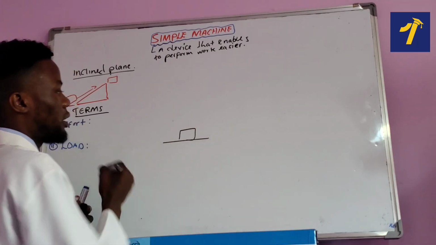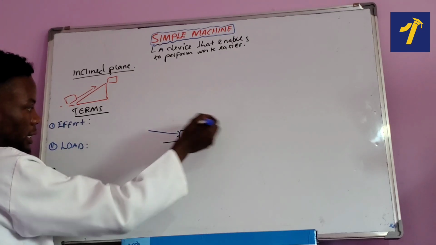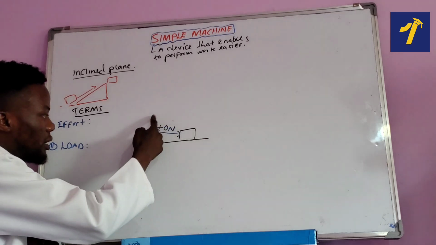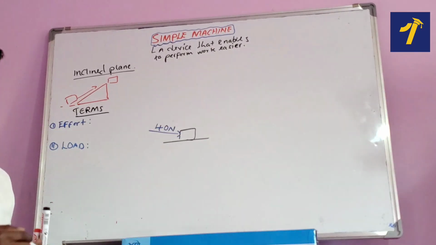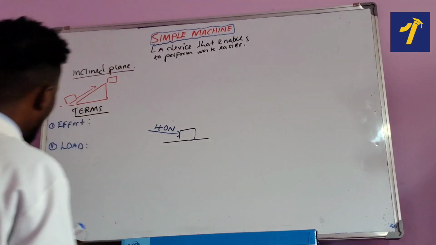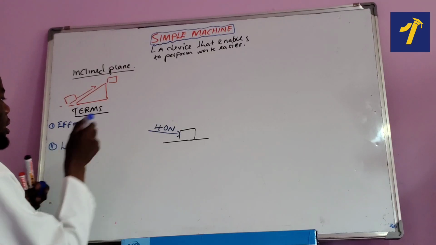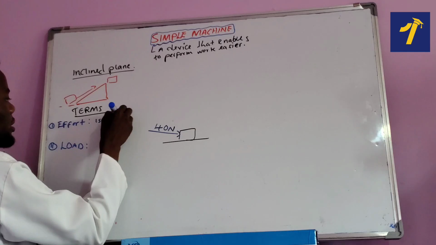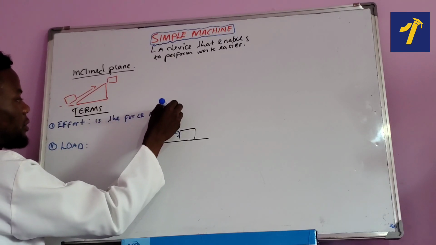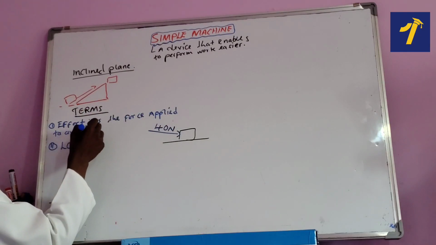If you have this object here, and I try to push this object forward using a force of 40 newtons, as long as I'm applying these 40 newtons to that object, that force is what we call effort. So we simply say effort is the force applied to an object.